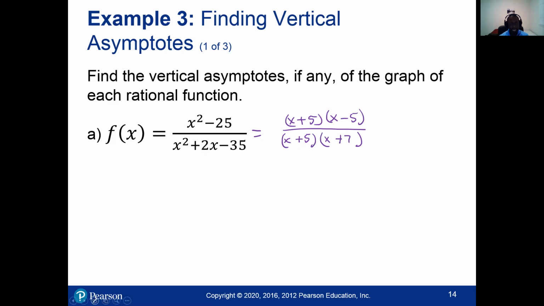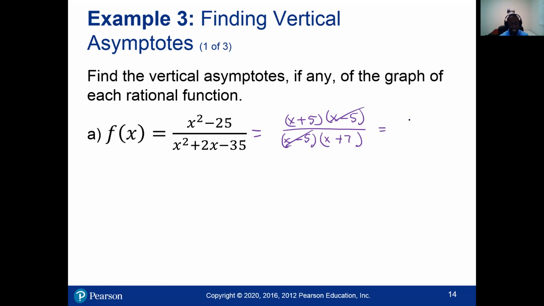Let me erase that. So this is minus 5 plus 7, because if you have two factors, when you multiply, minus 5 times 7 is negative 35, but when you add them, you get positive 2, and that gives me that. So notice that these factors will cancel out.